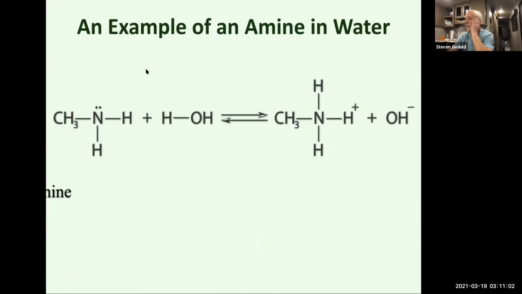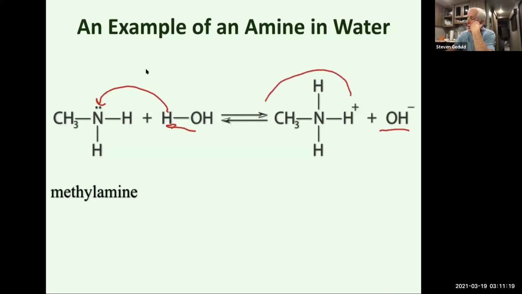Okay, so example, amine in water, this is methylamine. Okay, or methanamine. This is methylamine here. It reacts with water. The hydrogen is going to be attracted to here, includes OH minus, and it's going to give you an extra H there. It's going to extra bond to that, giving you ammonium ion.